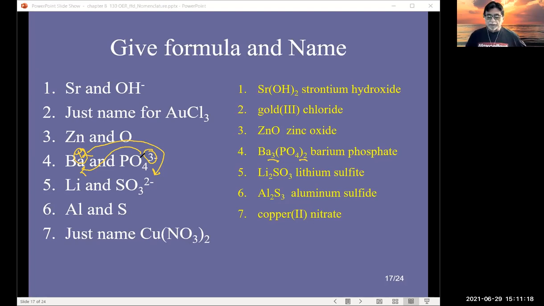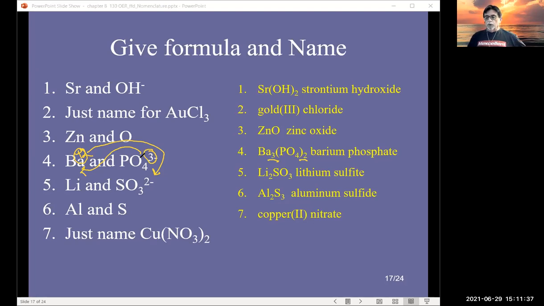All right, then we have SO3. You might be tempted to call that sulfate, but be aware in your polyatomic ions, you got SO3 and SO4. Okay, and the SO4 is the sulfate, and the SO3 is the sulfite.